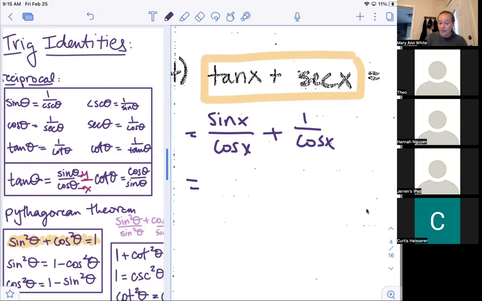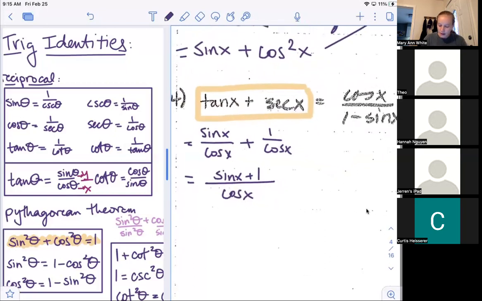I want to add them together. So if we add them together, does that change my denominator? No. Like if I did 1 over 6 plus 3 over 6, my 6 would still stay on the bottom. It's just the tops that get added up. So we're going to keep 1 cosine on the bottom, and then we'll have sine x plus 1 on top.